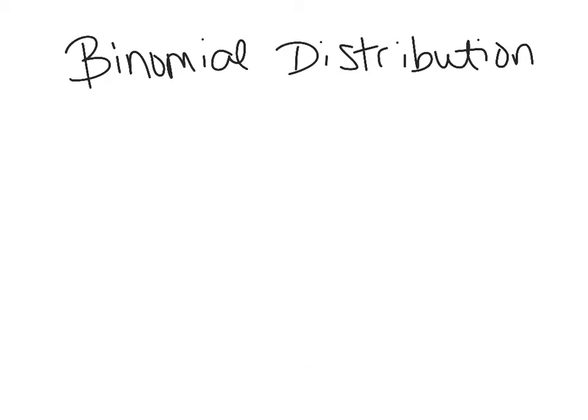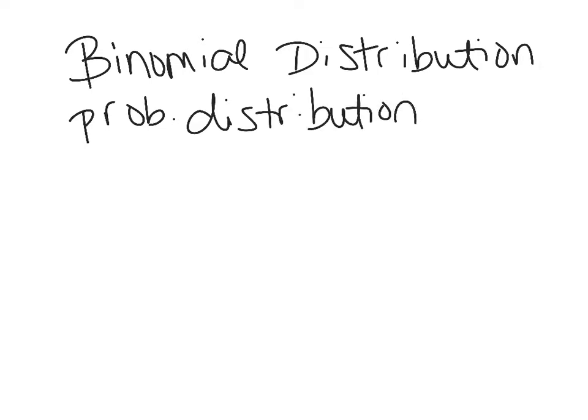When we look at the distribution for a binomial random variable, we're looking at the probability distribution. That is the likelihood that I'm going to get however many successes I'm looking for. And it's going to have certain parameters on it. The parameters are going to be defined as n, which is going to be our number of trials.